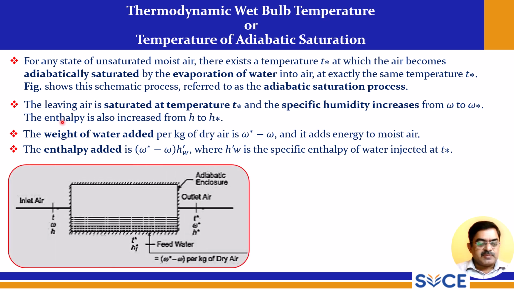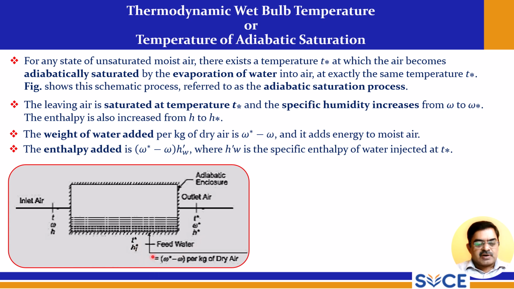So this is the diagram, and this is the inlet. Inlet air is coming into this chamber, and feed water is given here. At the inlet we have T, omega and H. At the outlet we have T star, omega star and H star.